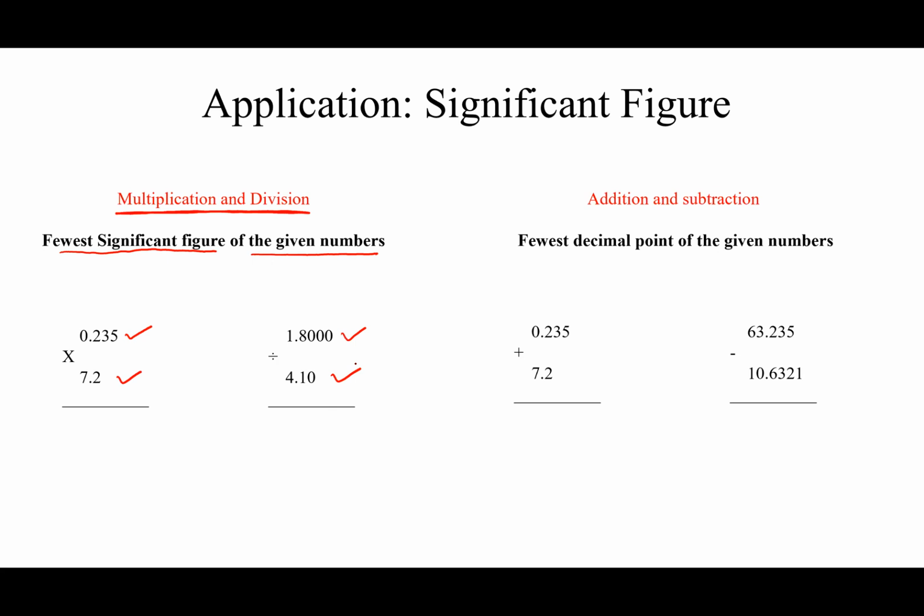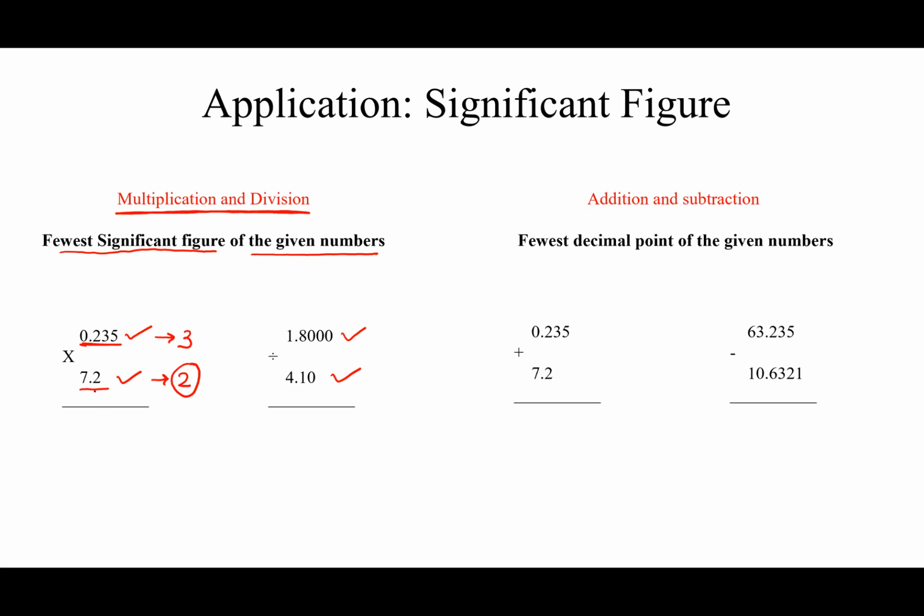For example, if we look at this number, can you tell me how many significant figures you see? 3. Great job, 3, right? How many significant figures do you see here? 2. So which one is the least? 2, the bottom one. 2 is the least number of significant figures.